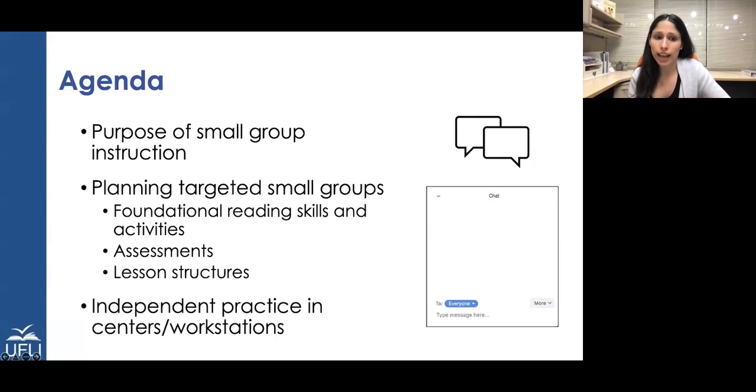And then we'll look at how to use lesson structures to plan instruction. Then, because we're talking about small group instruction, I figured we'd spend at least a little bit of time talking about independent practice at centers or workstations. So hopefully this sounds like a good evening to you all.